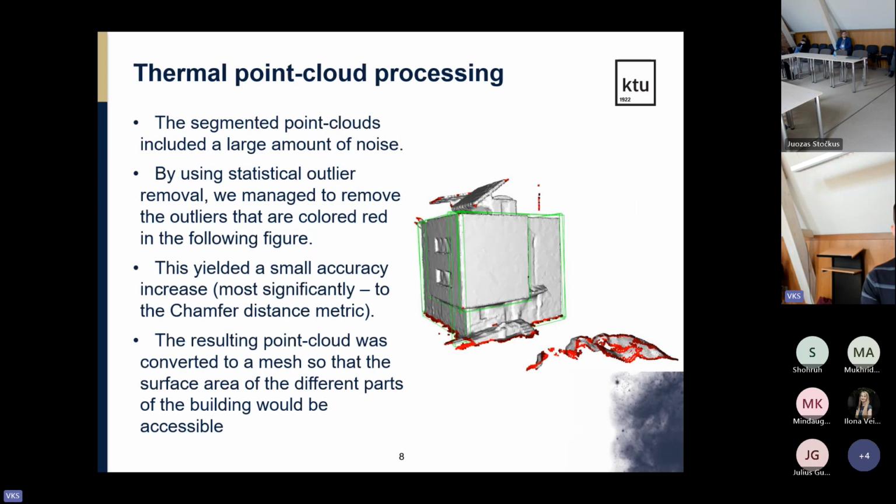The segmented buildings included a large amount of noise. As you can see, for example, on the right side, there are vehicles that still remained in the point cloud after buildings were segmented. And we used the statistical outlier removal to try to remove as much noise as possible. And the noise that we detected is colored red in the image. And removing these points increased the accuracy of the building model.